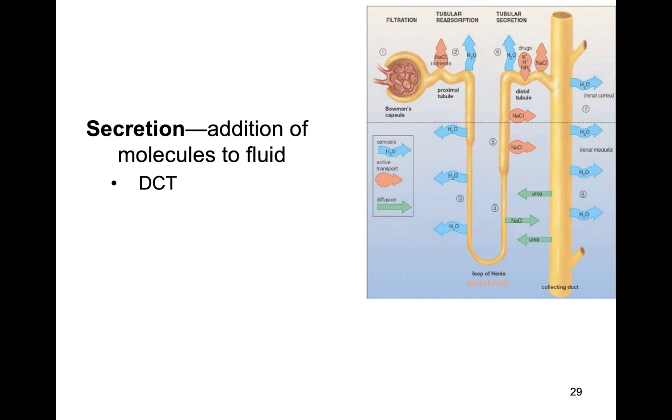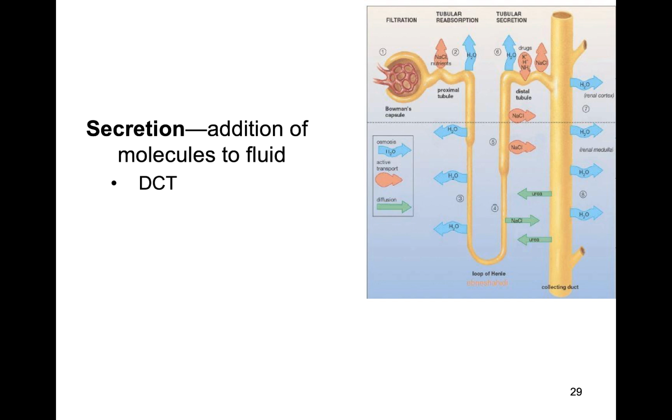What is happening here is that certain specific chemicals are being transported out of the peritubular capillaries into the distal convoluted tubule. So additional bad stuff in the peritubular capillaries that your body wants to get rid of, for example drugs, hydrogen ions, or some salt, is transported into the distal convoluted tubule.